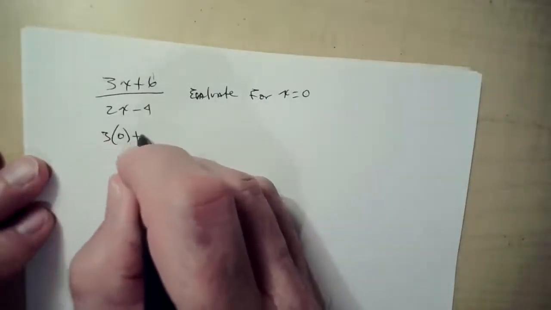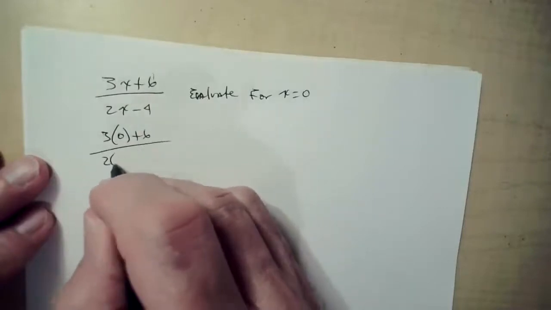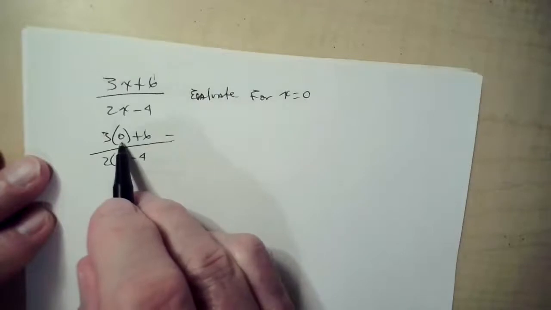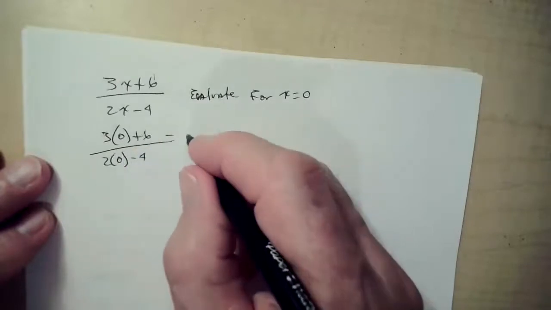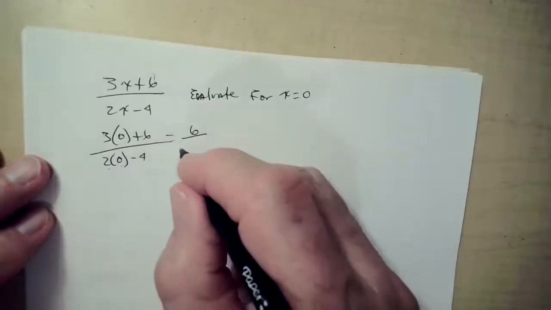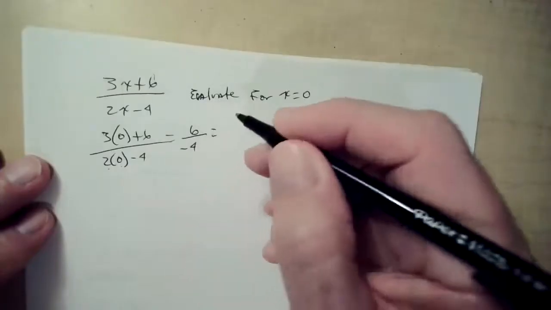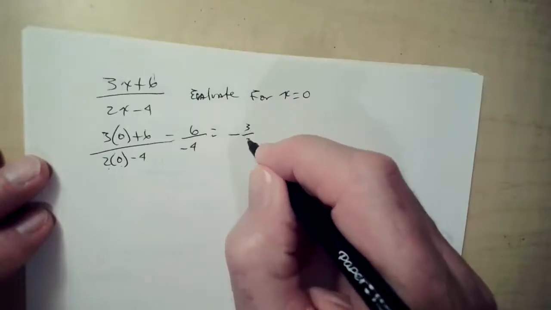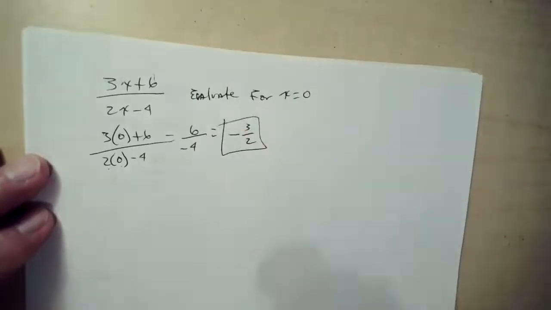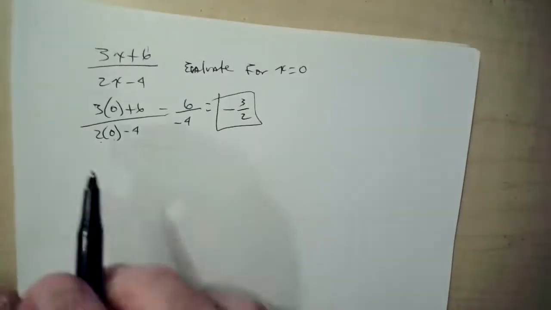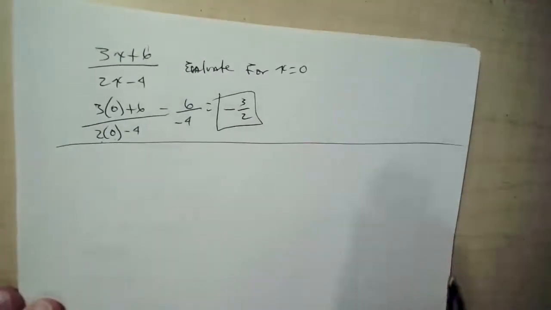So again, wherever there's an x, we're going to plug in 0. So 3 times 0 plus 6, and 2 times 0 minus 4. 3 times 0 is 0, plus 6 is 6. 2 times 0 is 0, minus 4 is negative 4. So our answer here is negative 3 over 2. Okay?